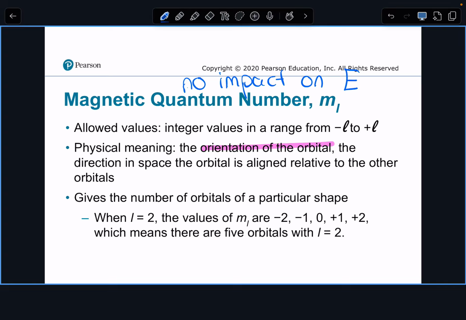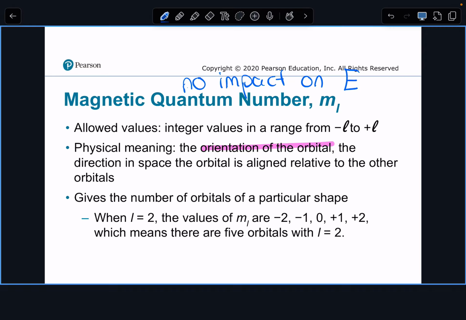So if L is equal to 1, M sub L could be equal to -L, 0, +L. That's why I said there are 3 orbitals in the n equals 2, L equals 1 subshell, and this is true of any L equals 1 subshell.